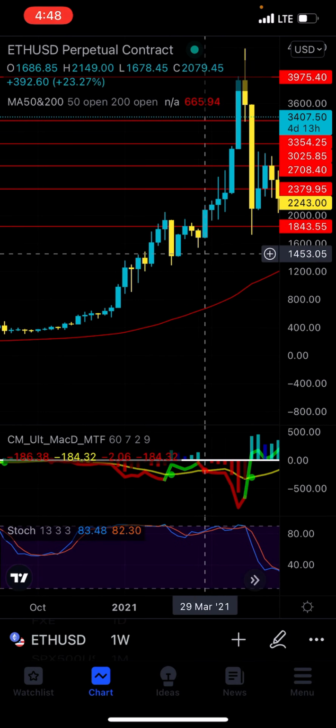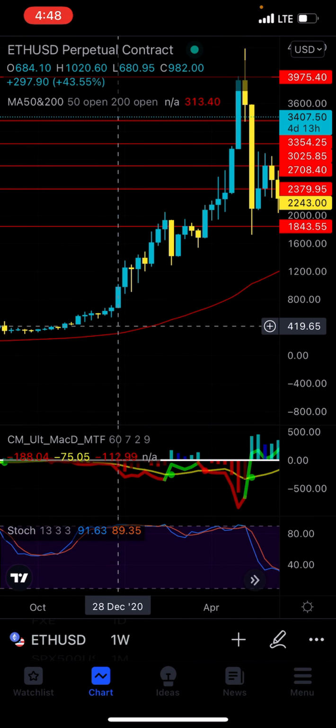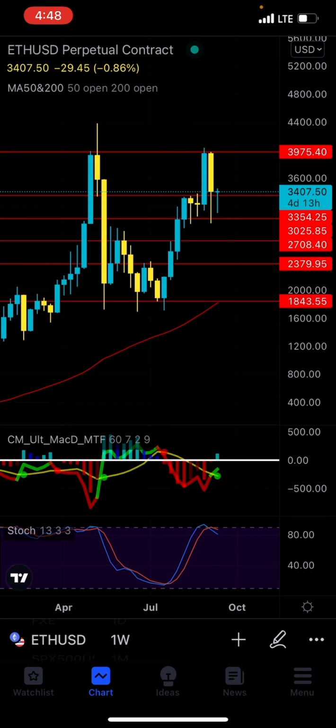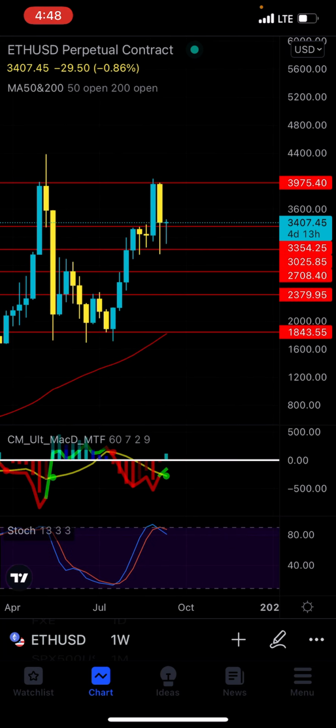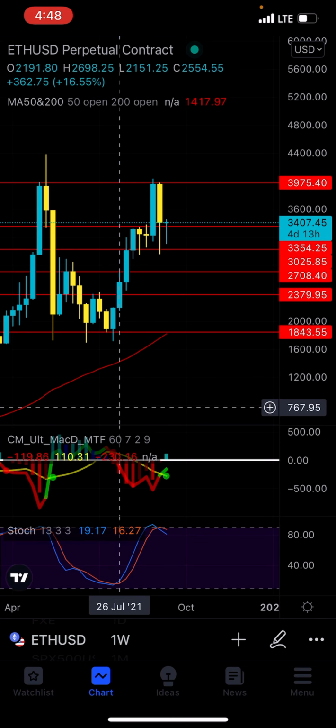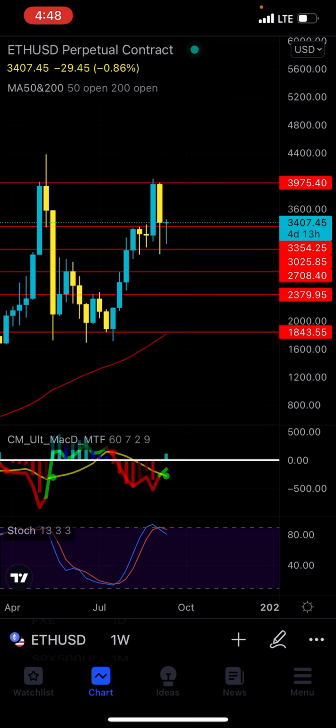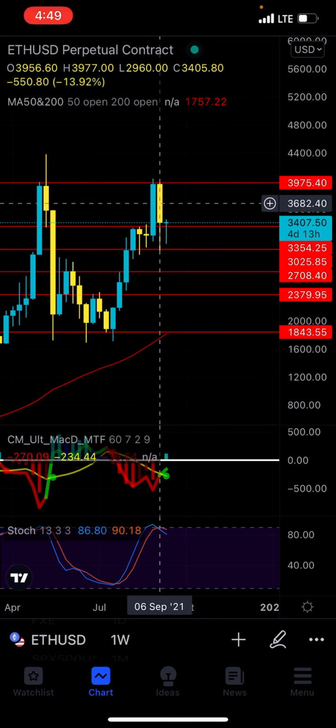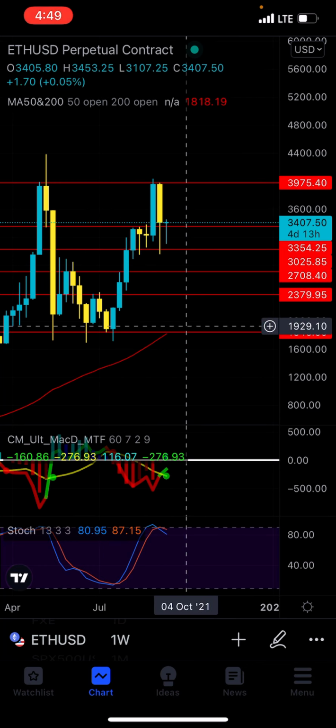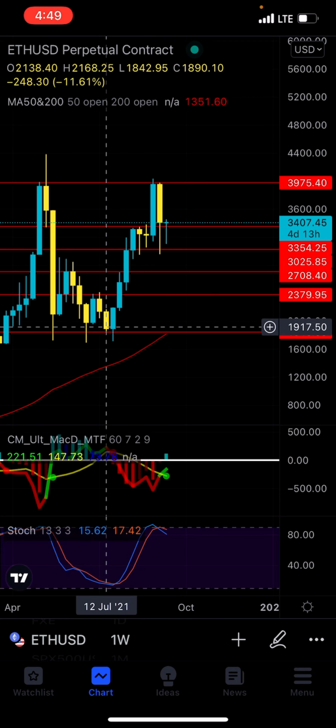Like I said, you don't need to add a bunch of support and resistance where price doesn't really matter. You don't need to add a bunch of support and resistance down here, because price is all the way up here, right? It doesn't really matter. And generally, when you use the weekly, you have a very large time frame. You have a very large space of your resistance and support.